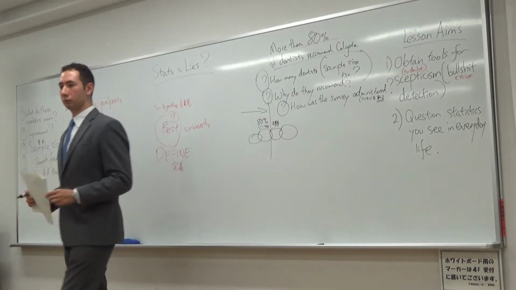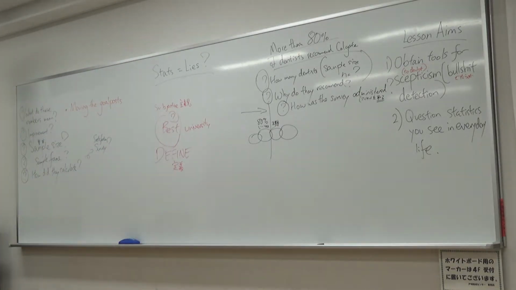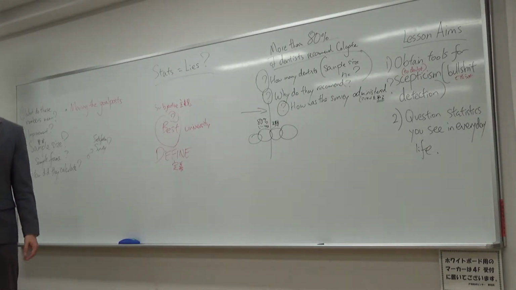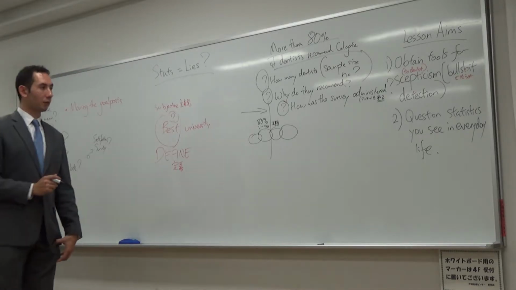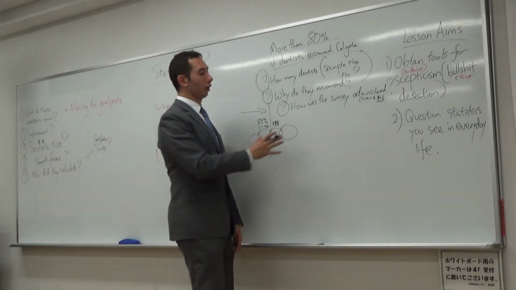I think she wanted to also say that if the survey was like, do you recommend Colgate or not? And then if it's yes, it could be 80%. And then she also said if there were any other choices. Yeah, you're right.